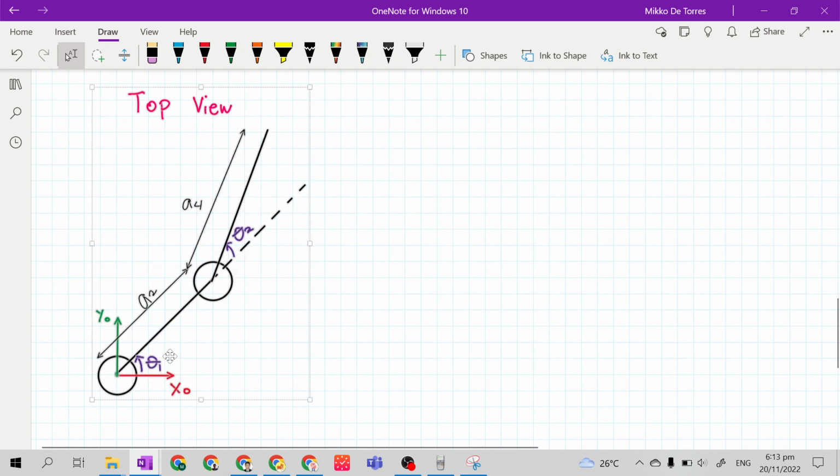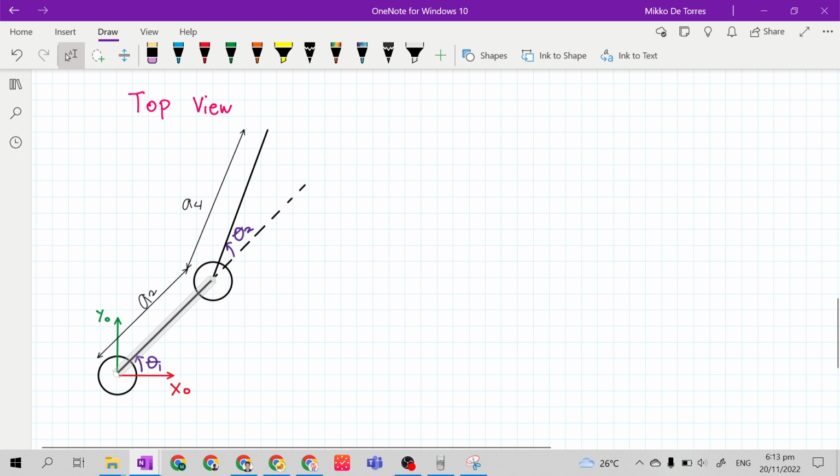If you notice, class, I redrew the original kinematic diagram where theta 1 and theta 2 look like they have values. It means they are not at the straight line.